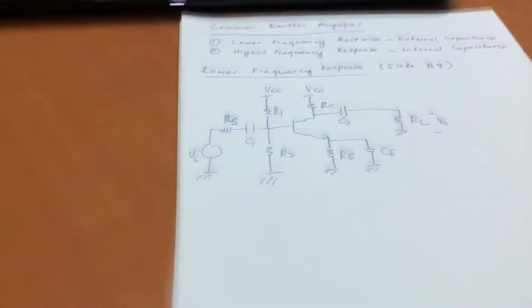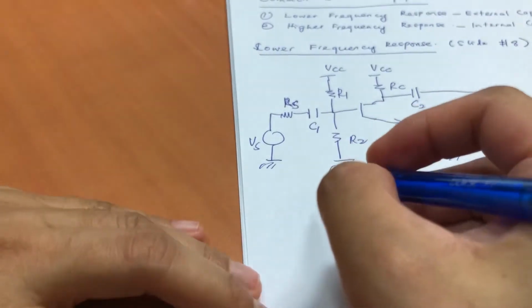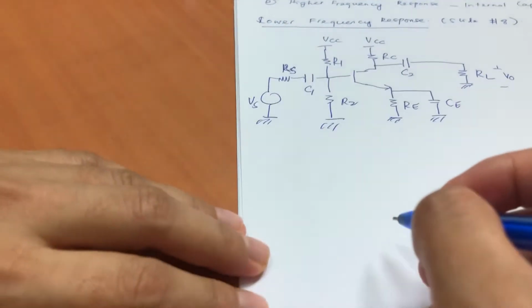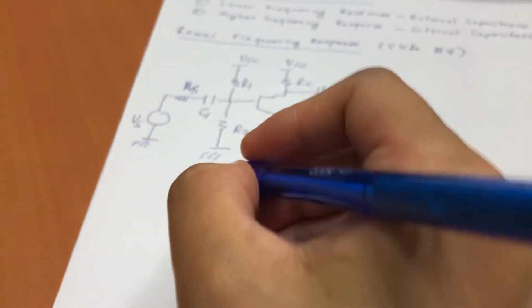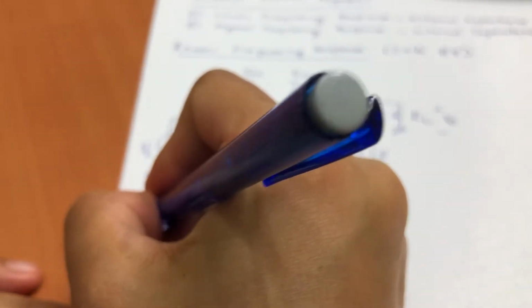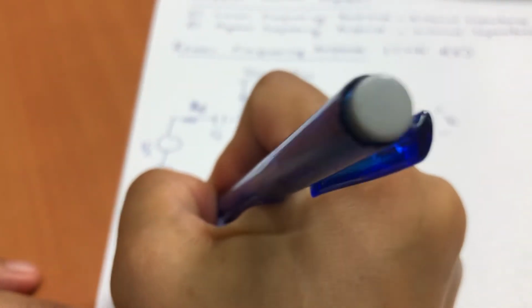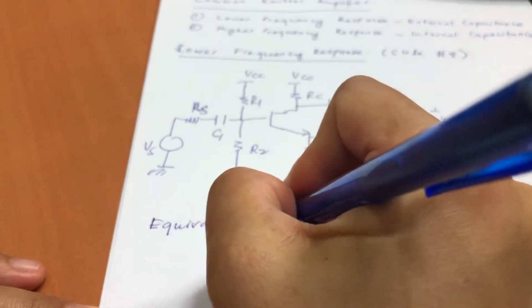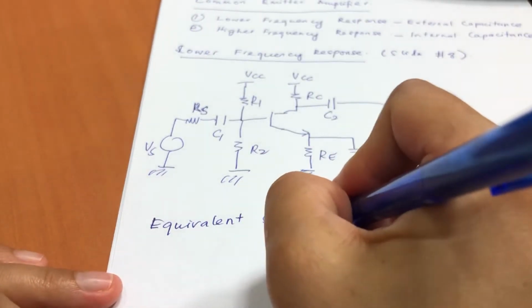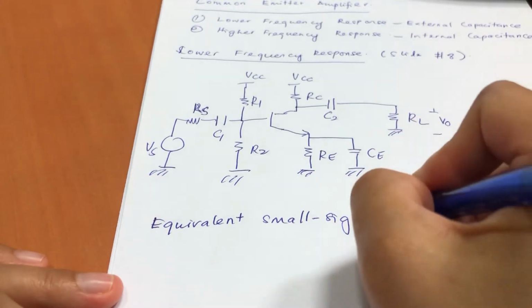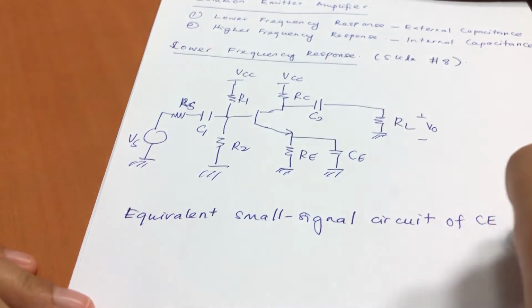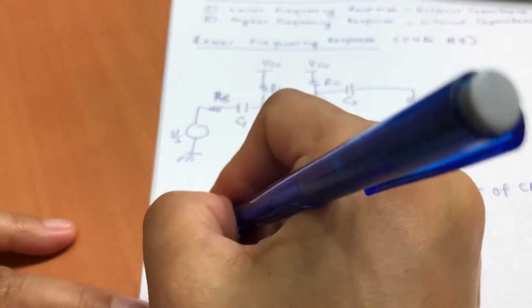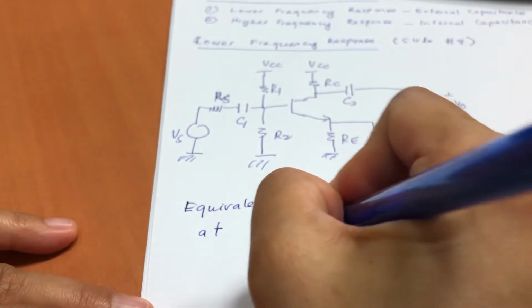This is the circuit that we want to build: the equivalent small signal circuit of the CE amplifier at low frequency band.